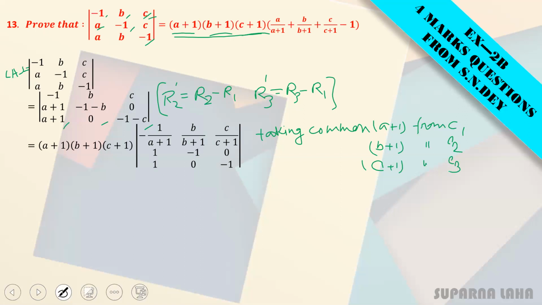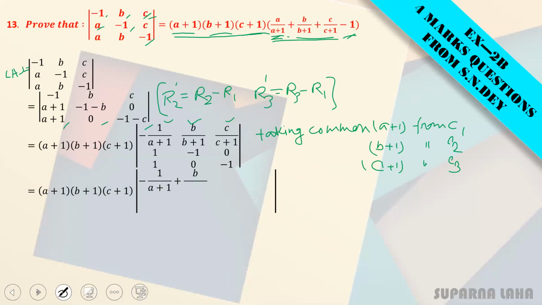So now look at here in this factor. If we add these columns, column 1, 2, 3, only this term I am not getting, this term a by a plus 1 minus 1. And instead of these 2 terms, I am getting minus 1 by a plus 1. Okay. So firstly, let us find this term and then we will find this a by a plus 1 and minus 1. So firstly add this.